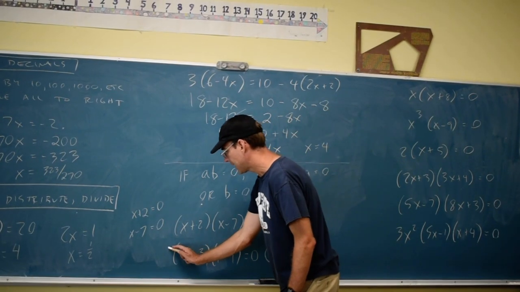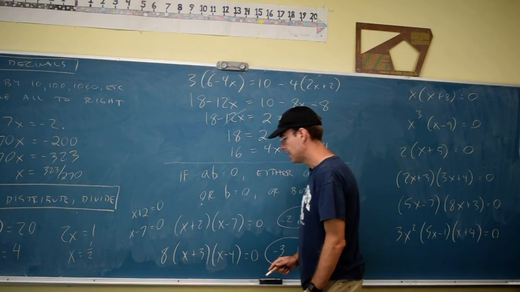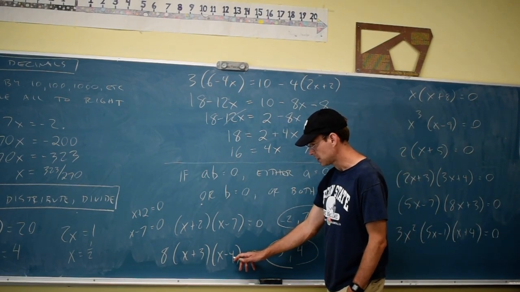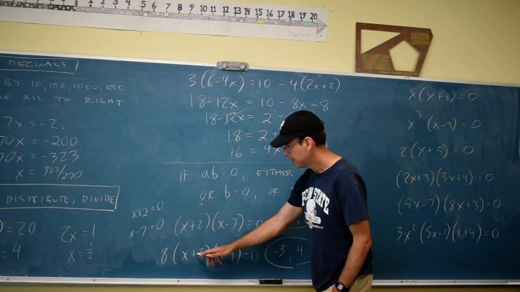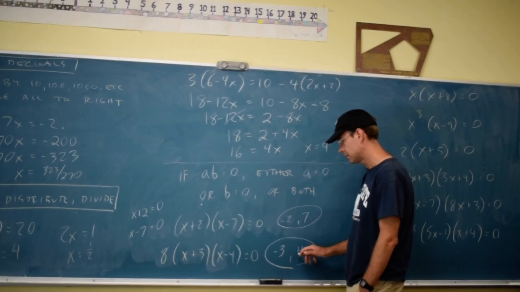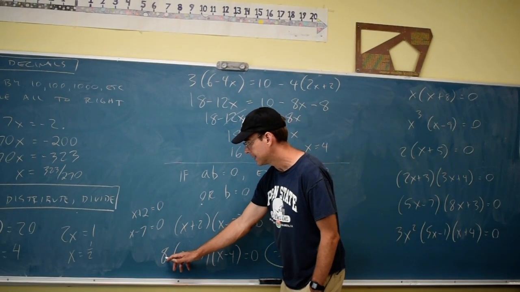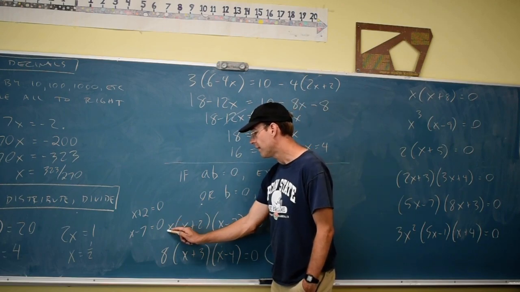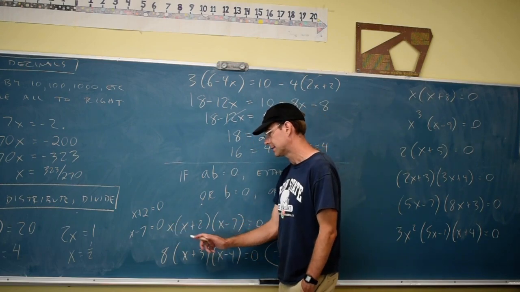If I stuck something out here like an 8, that does absolutely nothing. This can be made to equal 0 depending on our x choice. This can be made to equal 0 depending on our x choice. These answers still stand. There's no way to make the 8 equal 0. It's stuck. If I do a variable out here, now that gives us another option.